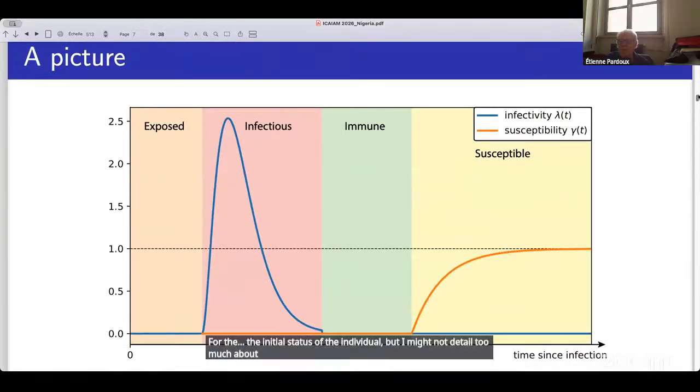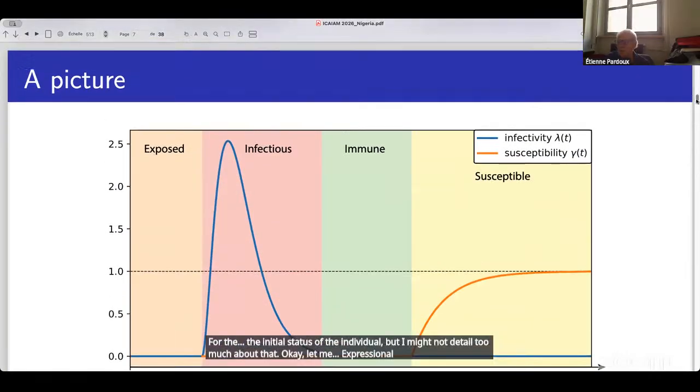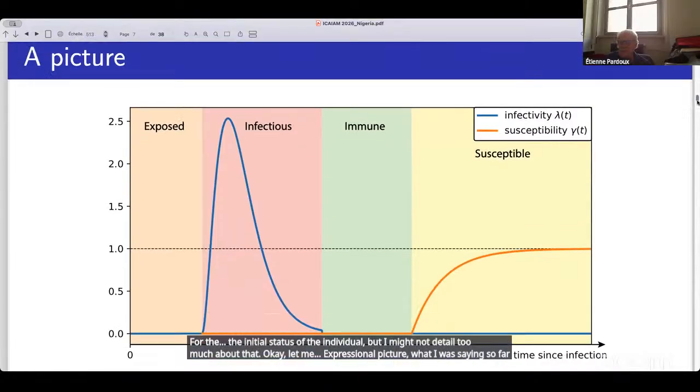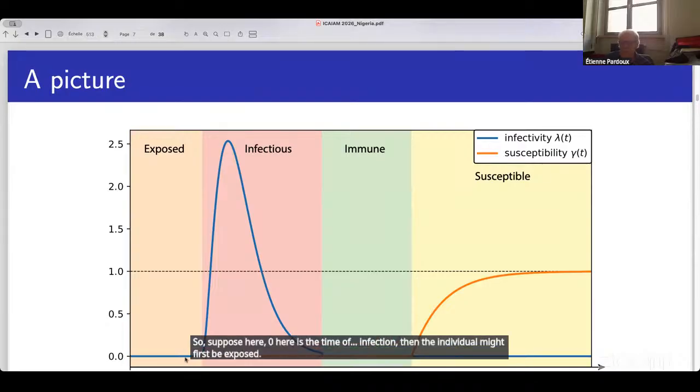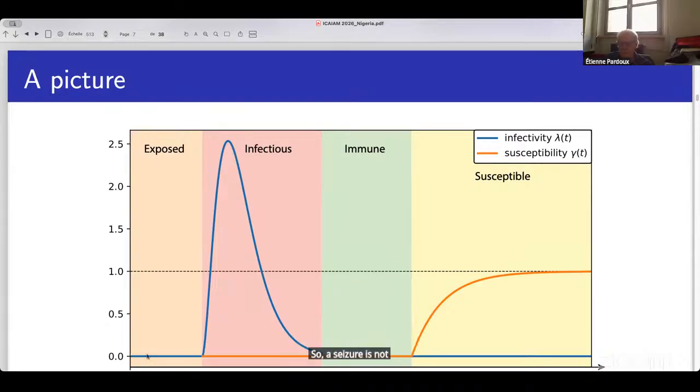Let me explain on a picture what I was saying so far. Suppose 0 here is the time of infection, then the individual might first be exposed. So the individual is not contagious, not infectious during the first interval of time. Then its infectivity increases up to a maximum, then goes down back to 0. Then there is usually an immune period.